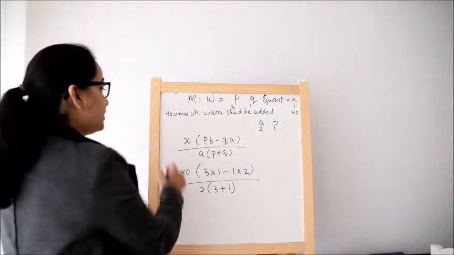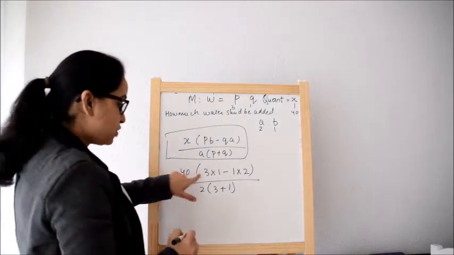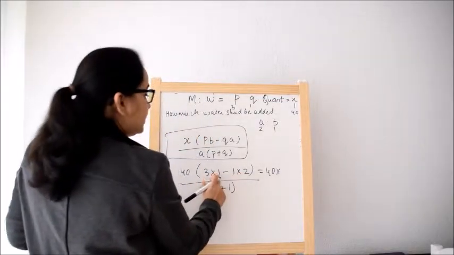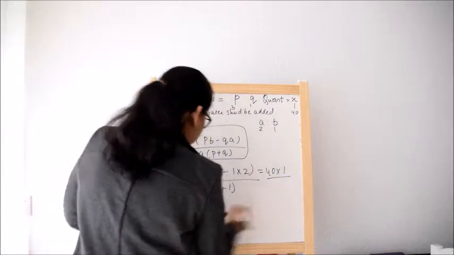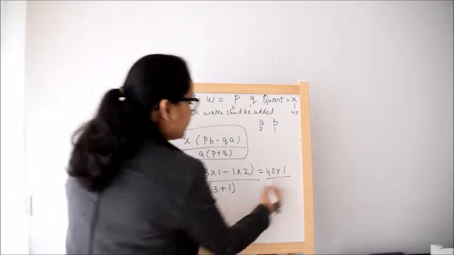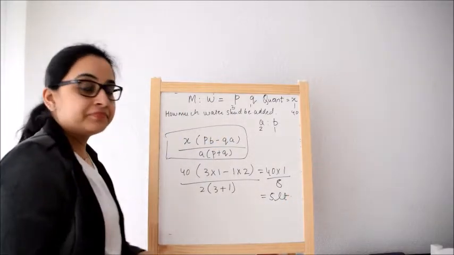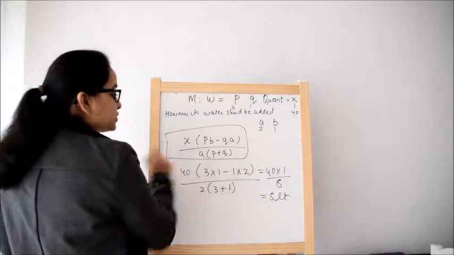Okay, this formula we have to remember. So this much water should be added, and when we solve this, this will be 40 into, this is 3 minus 2 is 1, then this is 4, this is 8, and the answer is 5 liters. Okay, so we get the answer like this. Okay, so you have to remember this formula.